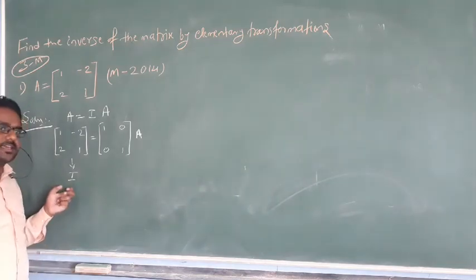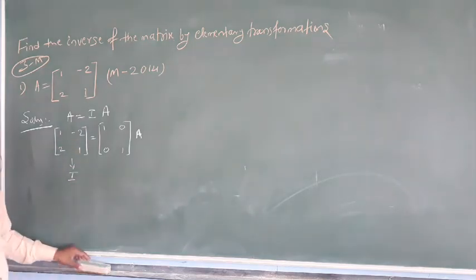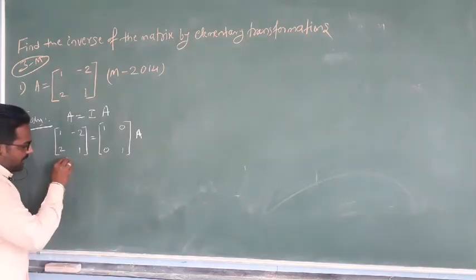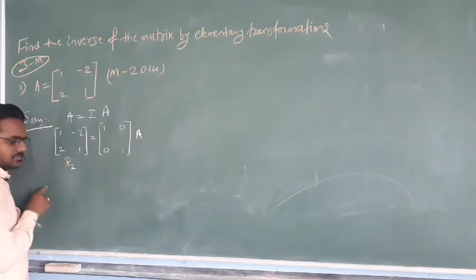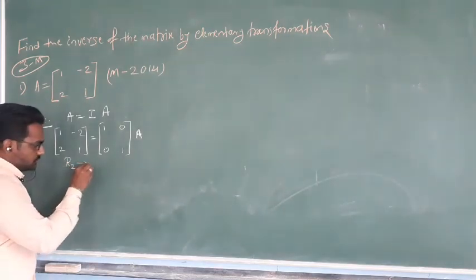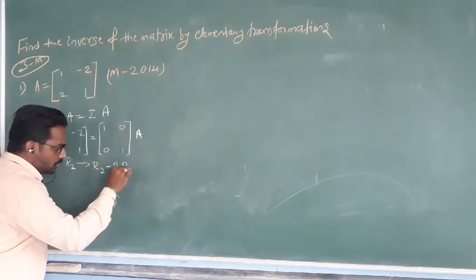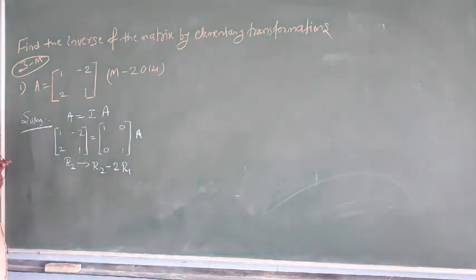To obtain the identity matrix I, you have to perform row operations. So applying the row operation, R2 changes to R2 minus 2 R1.